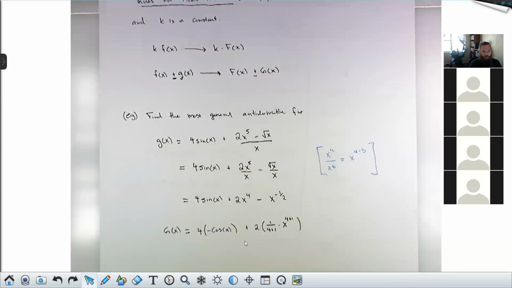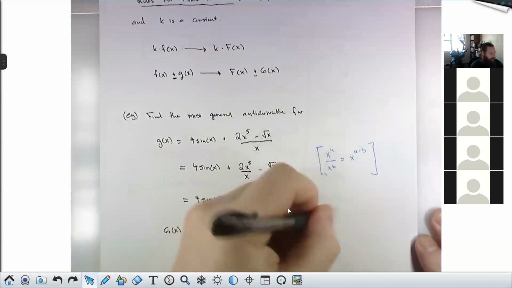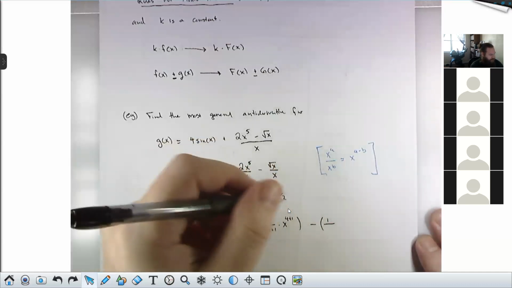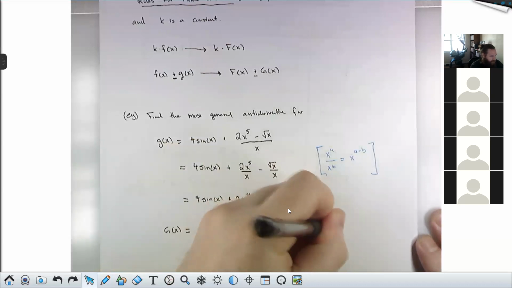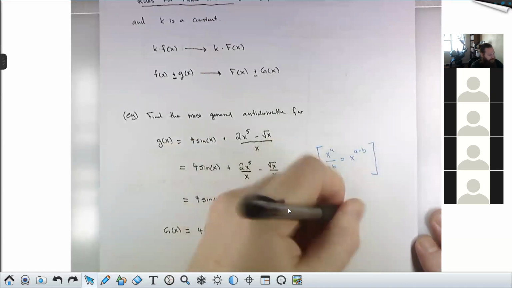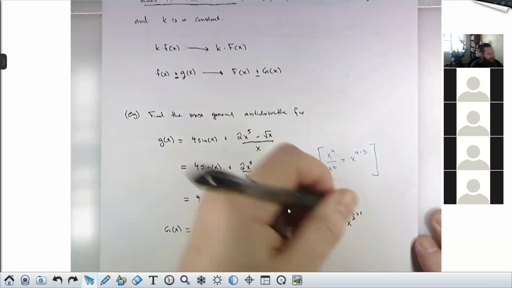And that same rule we will apply here. So I'll have minus, and now I'll have 1 over negative 1/2 plus 1 times x to the negative 1/2 plus 1.